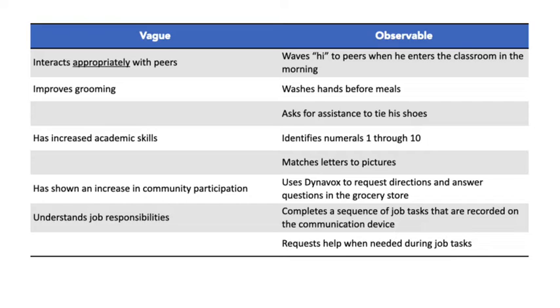So you can specify the situation, events clearly. Instead of saying improve grooming, you can say wash his hands before meals, asks for assistance to tie his shoes, right? So you can be very specific and use a clear verb.